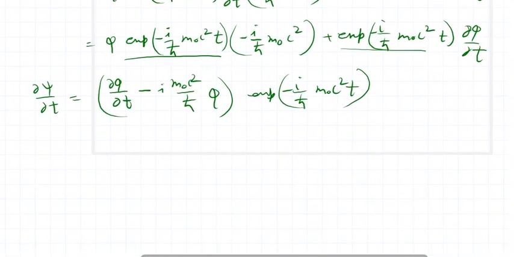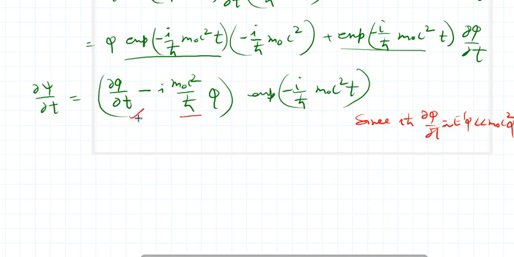Now since iota h cross ∂phi/∂t is nearly equal to E prime phi, which is very much less than m naught c square phi, keeping this in view, this term can be ignored.